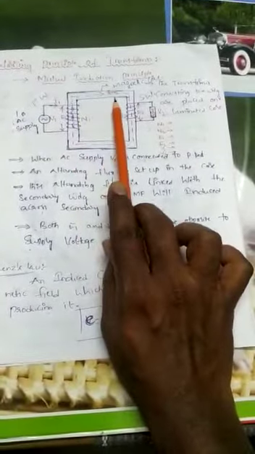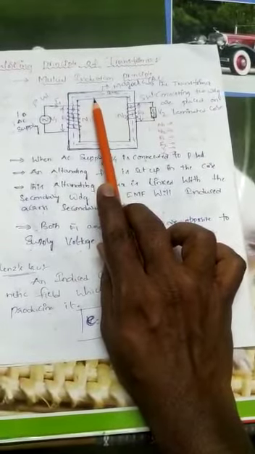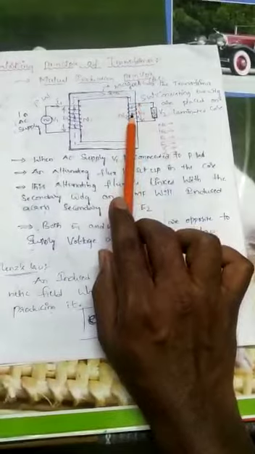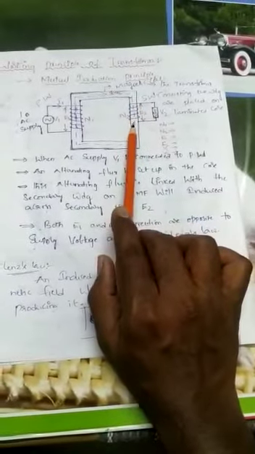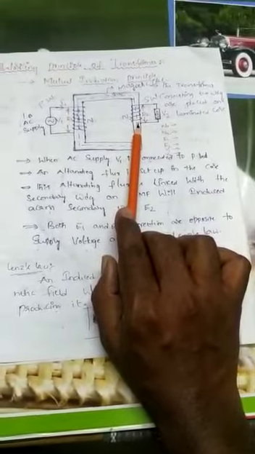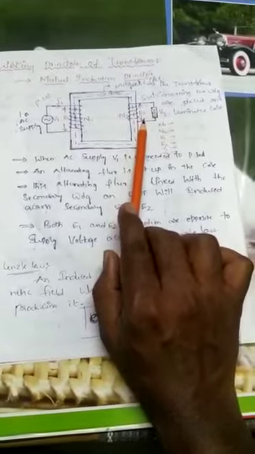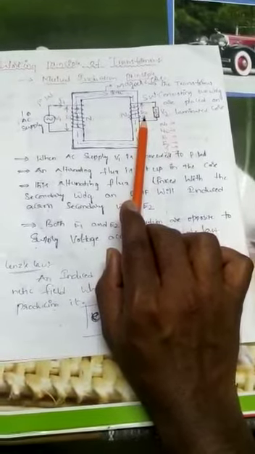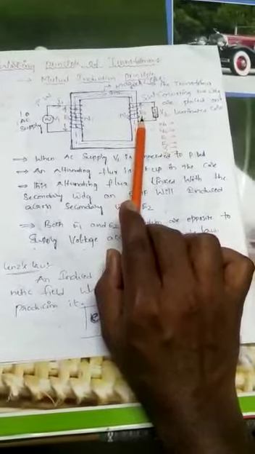Here the magnetic core is there, and the flux flows through it like this. This flux links to the secondary winding of the transformer, and an EMF will be induced. That EMF is called a mutually induced EMF. Here E2 is the mutually induced EMF.